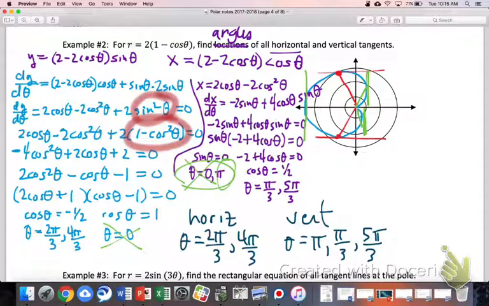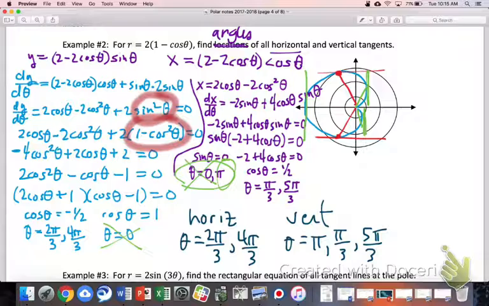If you said how many lines are vertical tangents to this graph, I would say that there's only 2 lines that are vertical tangents. But if it said how many angles on this graph produce a vertical tangent line, you have to say 3.